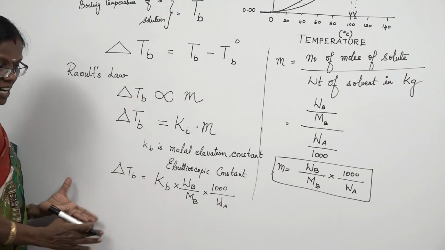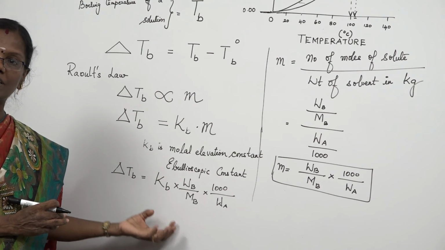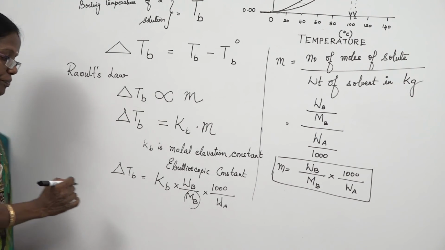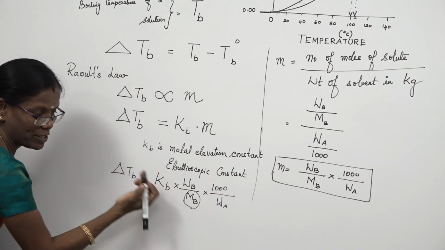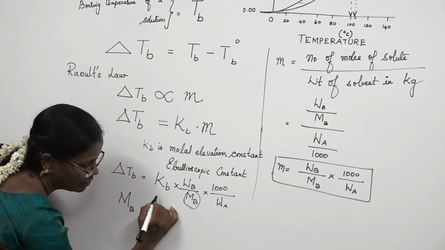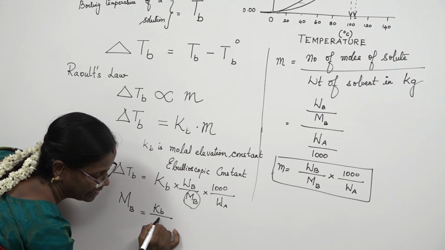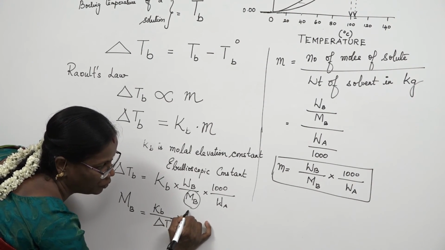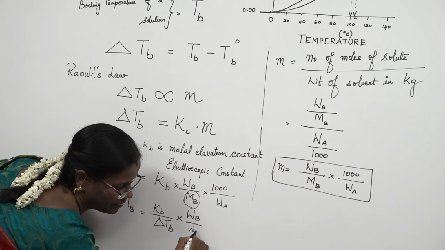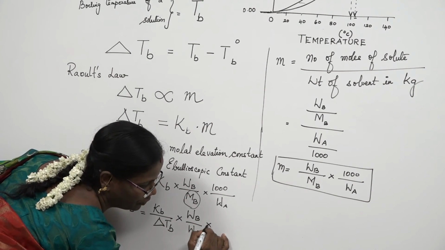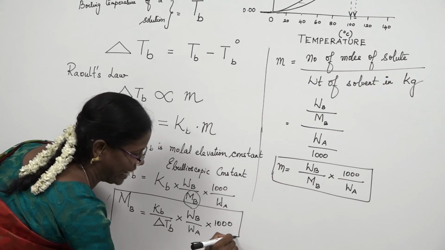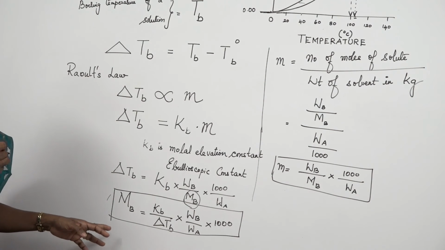How does this equation help us? This equation helps us to calculate the molecular weight of the solute. This equation can be written as M_B, and this delta T_B goes here. So M_B equals K_B by delta T_B into W_B by, bring this W_A here, into 1000. This is the equation for calculating the molar mass of a solute.